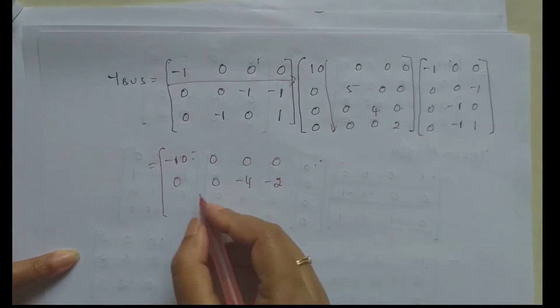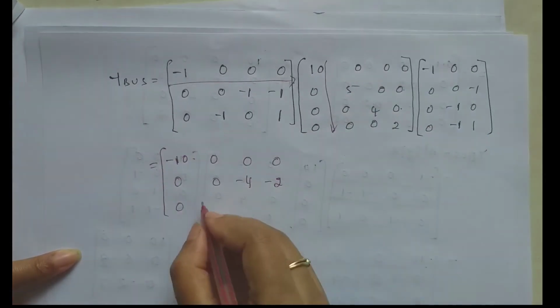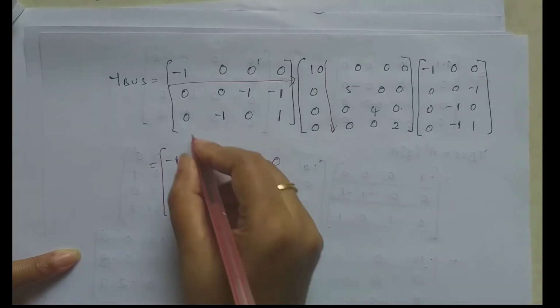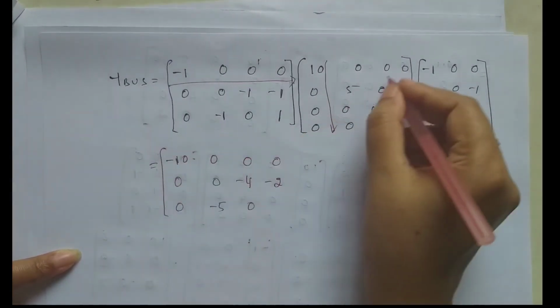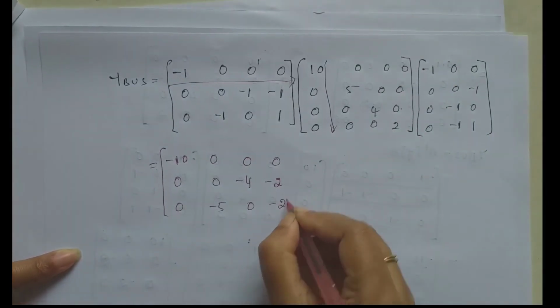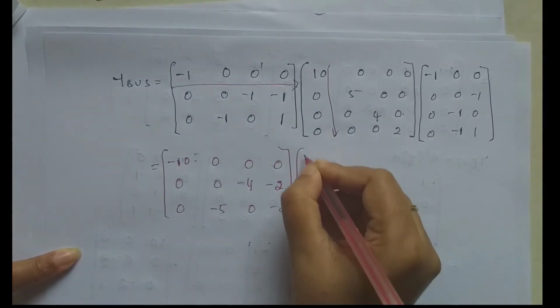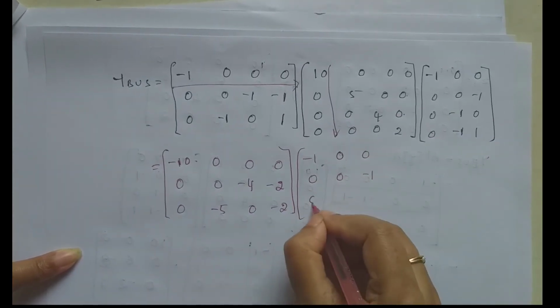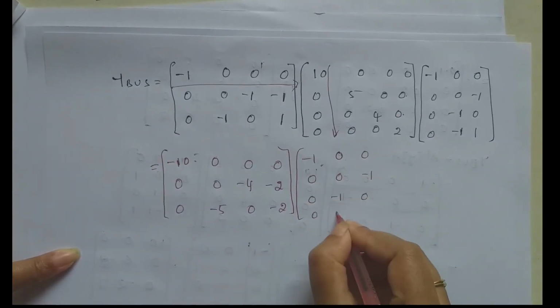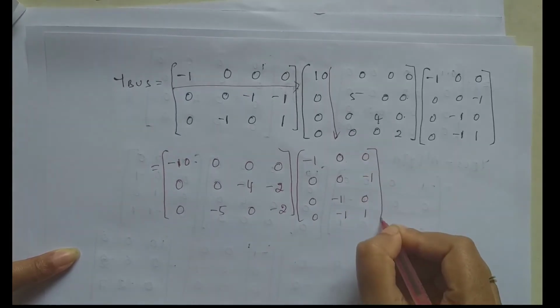Third row with first column 0, third row with second column -5, third row with third column 0, third row with fourth column -2. This is multiplied by -1, 0, 0, 0, 0, -1, 0, -1, 0, 0, -1, 1.